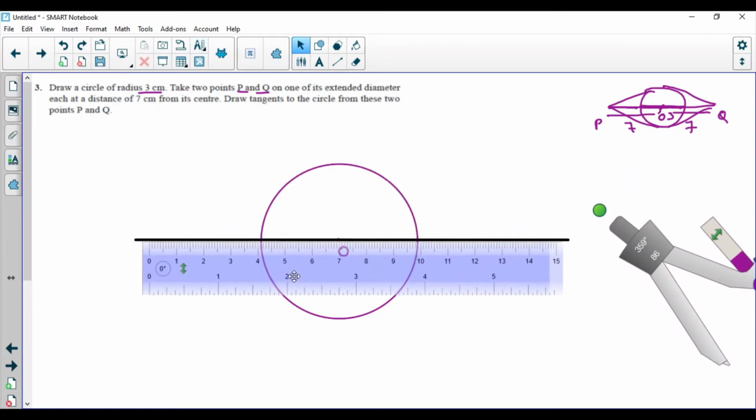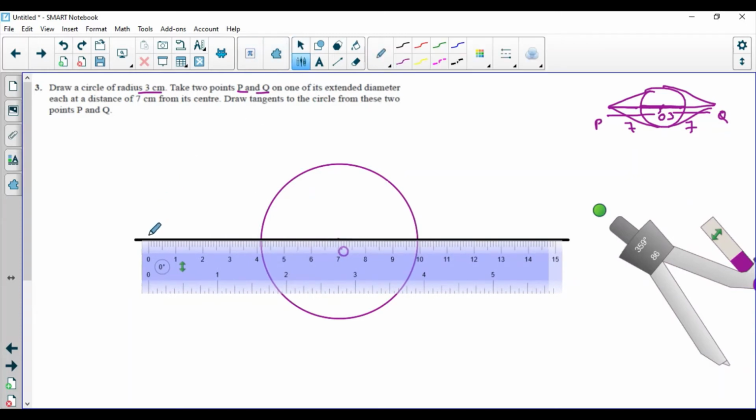So this is 7. So this will be point P, suppose. And here 14, 7 plus 7, 14. So at 14, I'll write Q.